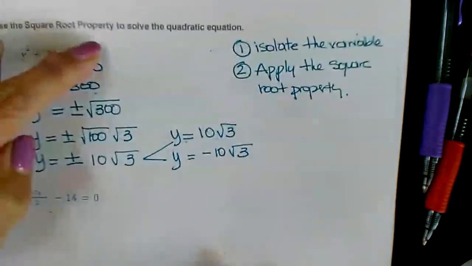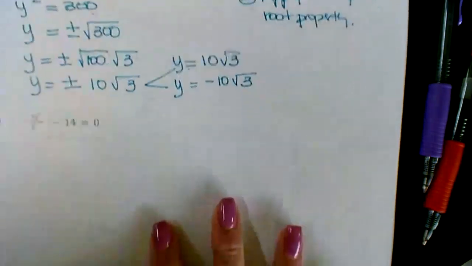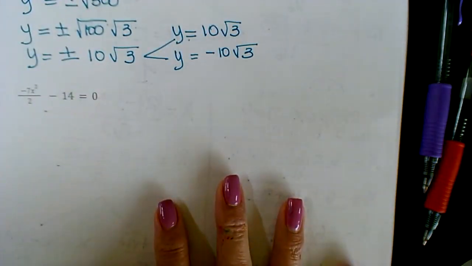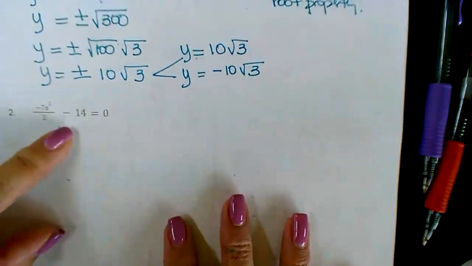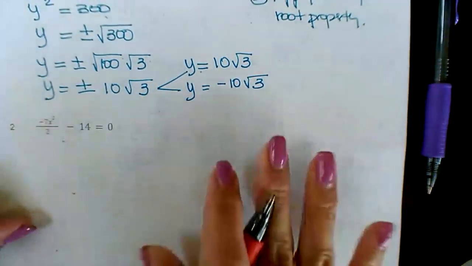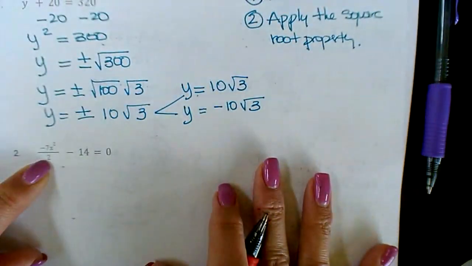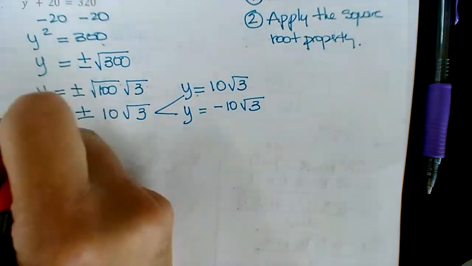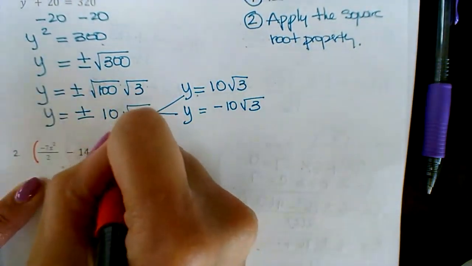And we need to use the square root property to solve the quadratic equation. What I can do here is multiply by 2 to get rid of this fraction. Let me multiply by 2.